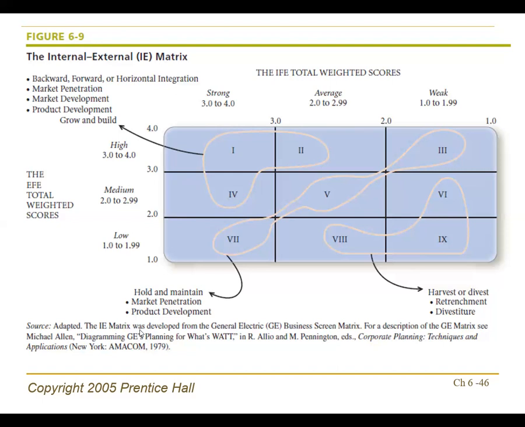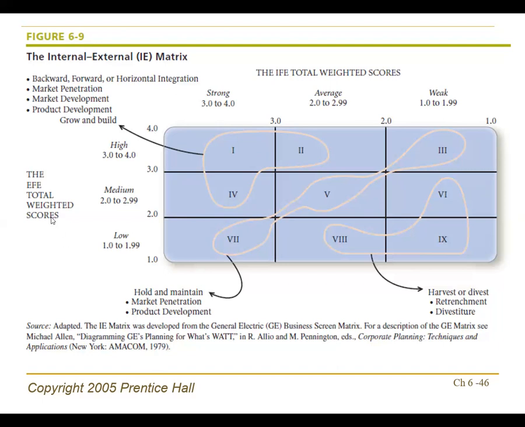If the score is from 1 to 2, that is said to be weak. If the score is from 2 to 3, that is said to be an average score. And if the score is from 3 to 4, that is said to be strong.